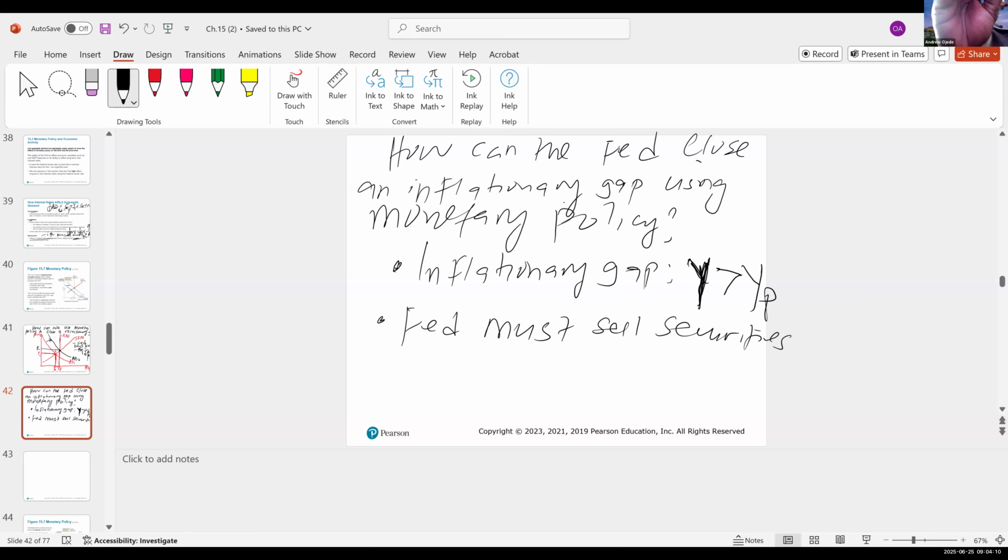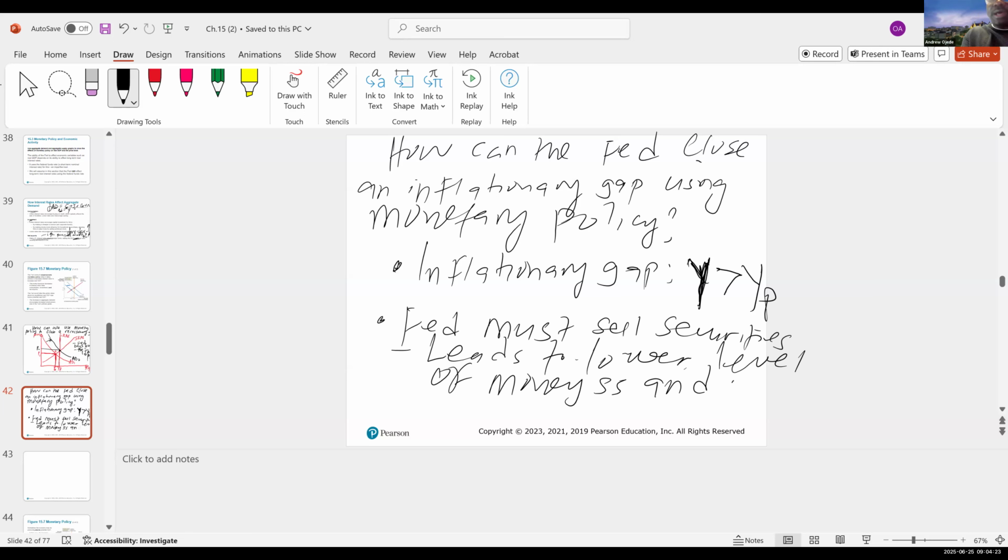When the Fed sells securities, we know this is going to lead to what? Leads to lower level of money supply. Money supply is going to fall. And interest rates will rise.